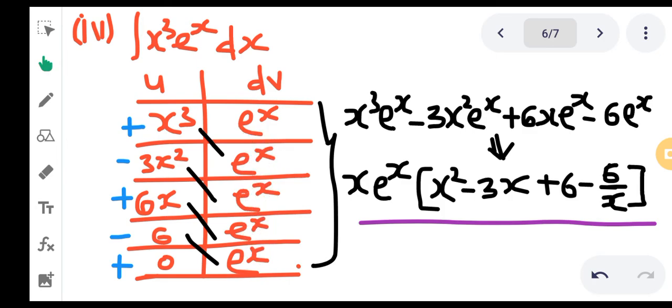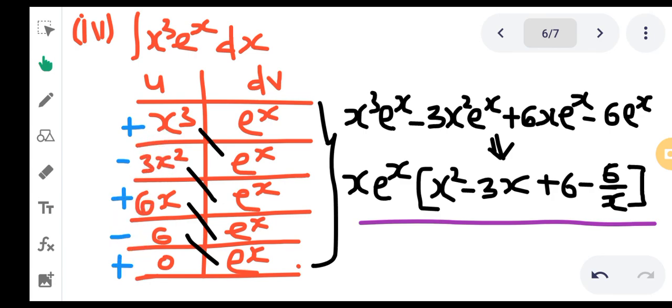Okay, so after that, we just multiply them diagonally. So x cubed times e exponent x, we are going to get this equation. Then remember I said the signs become positive, negative, positive, negative, positive.